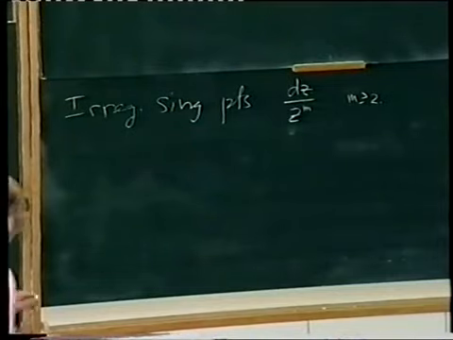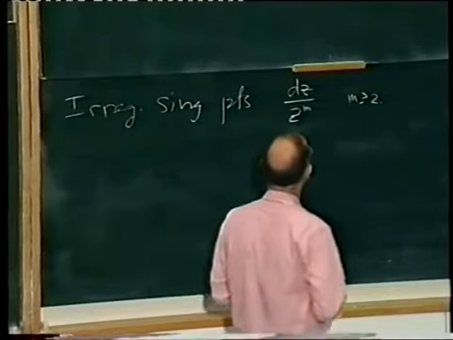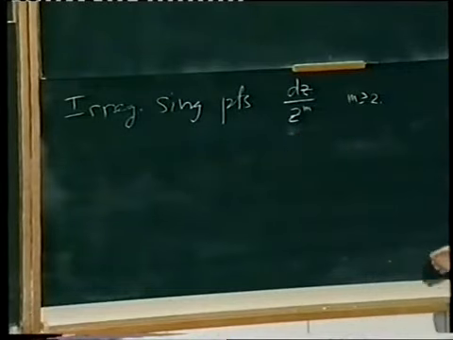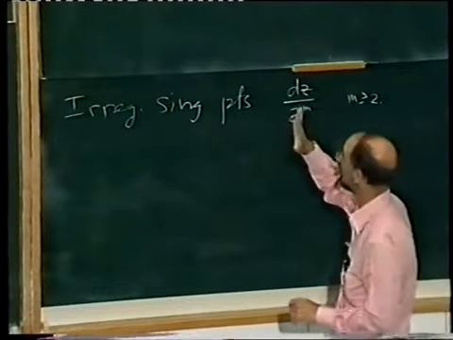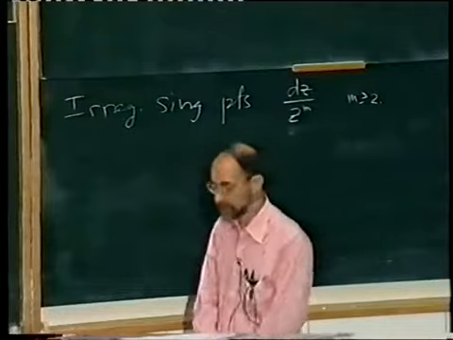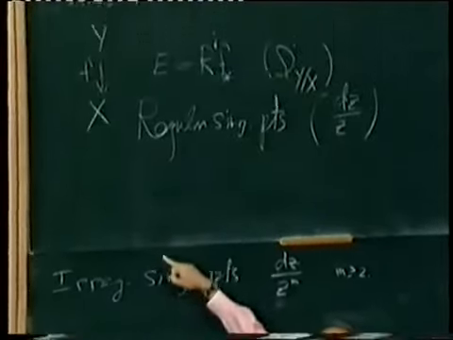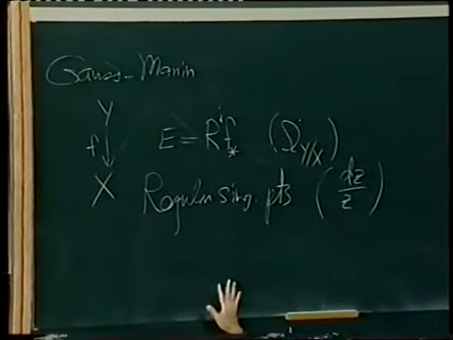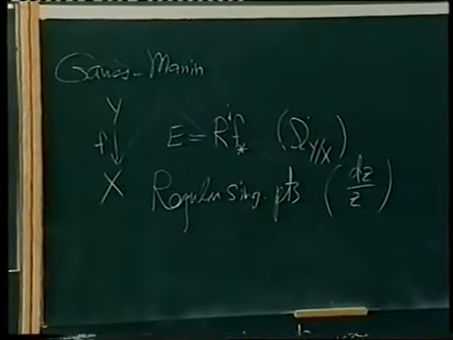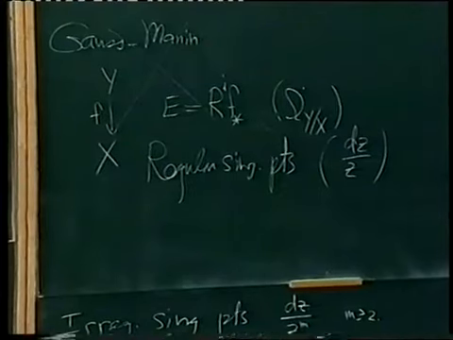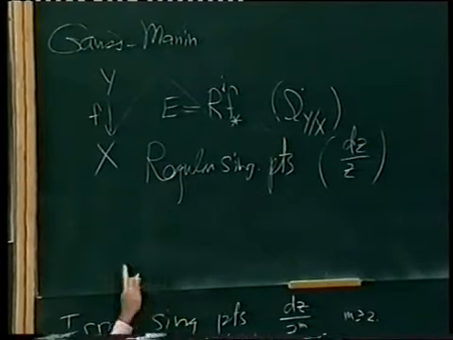So the point is, philosophically, and we're supposed to be philosophical at this conference, that the theory of motives. You see, what did I do? I took a variety Y over X. And we're taught now to think that there's much more data than just the de Rham cohomology.